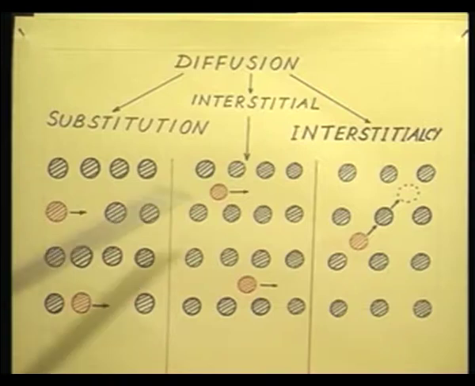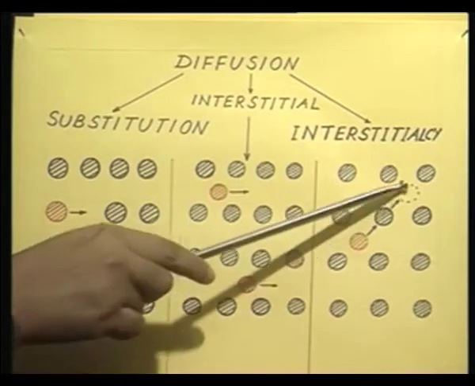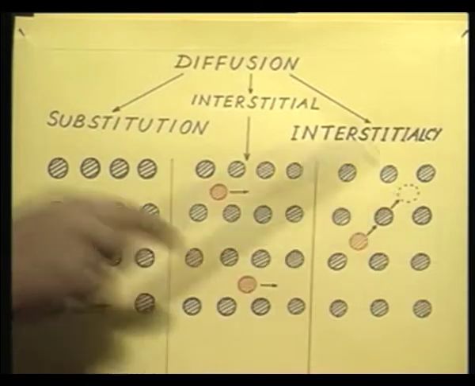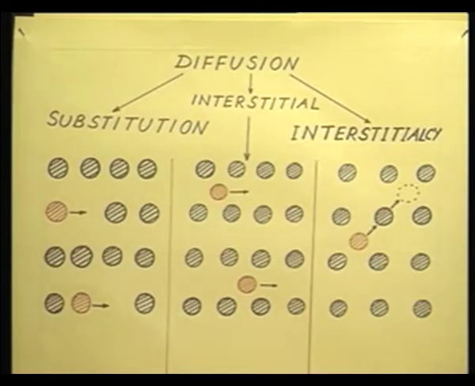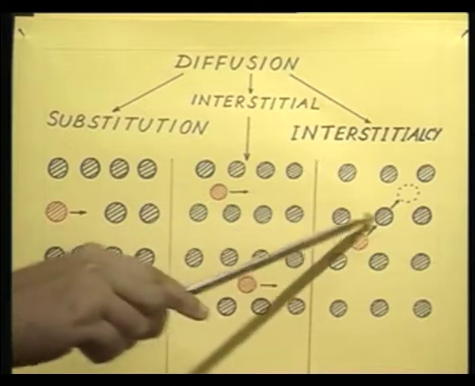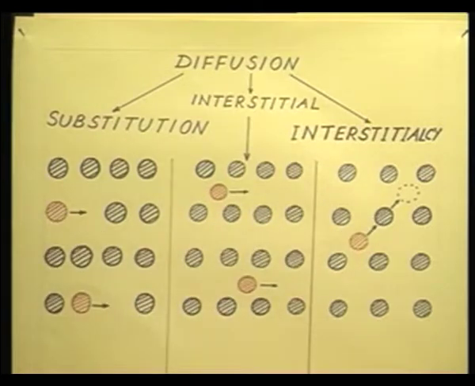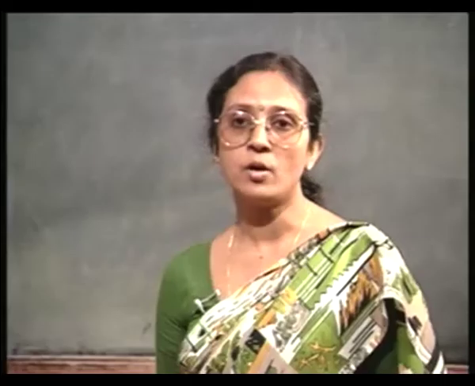It pushes a host atom out of its regular place in the lattice. It pushes it into this interstitial space and itself goes and occupies a substitutional site. So, you see, it started out as an interstitial, and ended up by occupying a substitutional site.